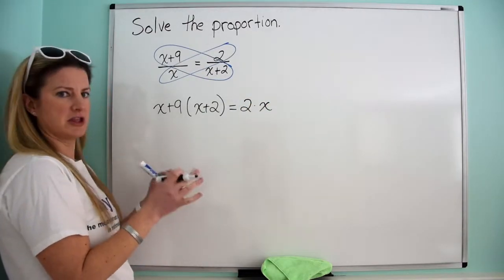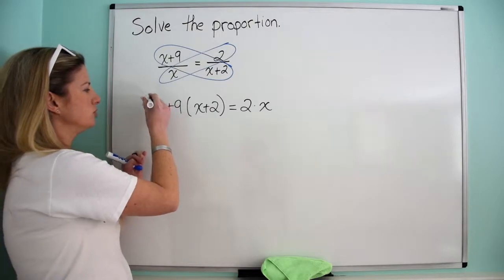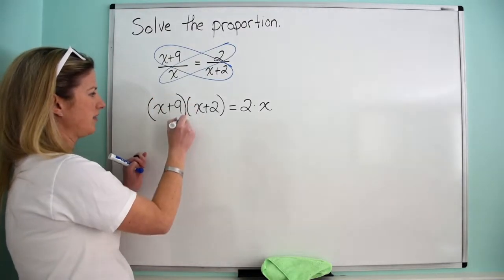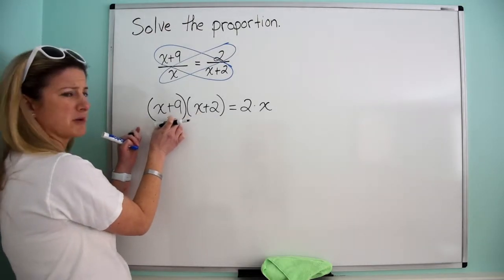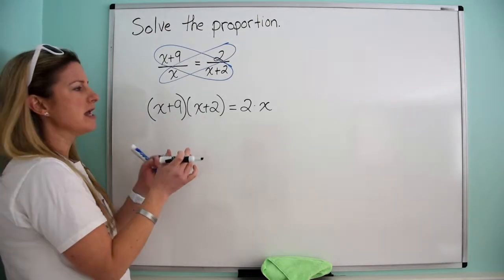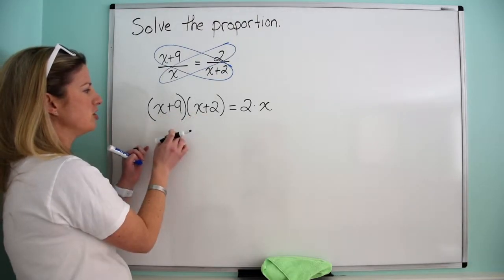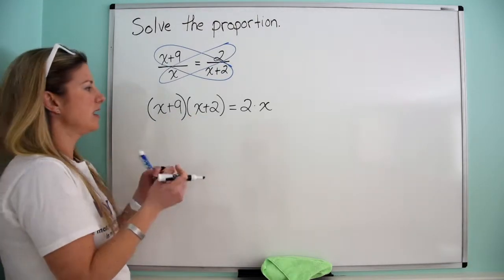Now, here's the thing. If you don't put parentheses around that first binomial, or sometimes they'll put parentheses around the first binomial but not the second, I've seen it both ways, if you don't put parentheses around each binomial, you're going to make a mistake. Because look at this.